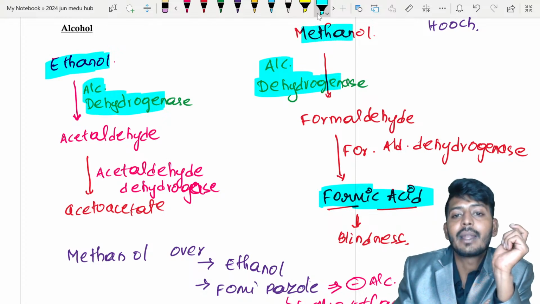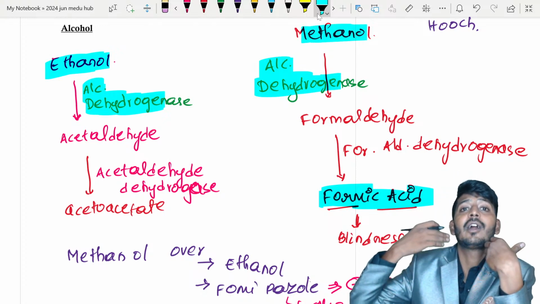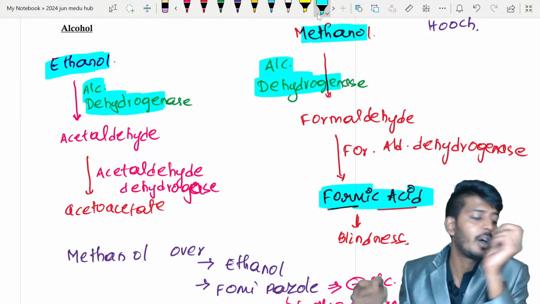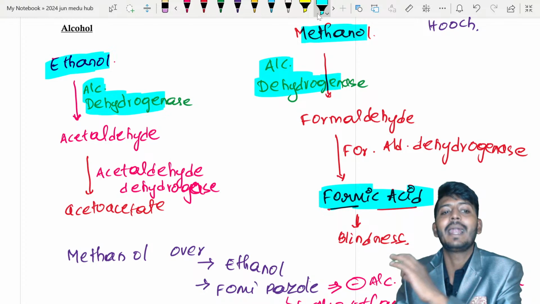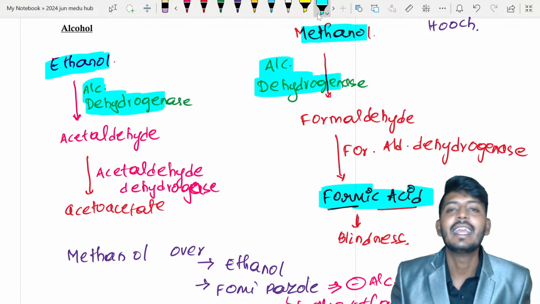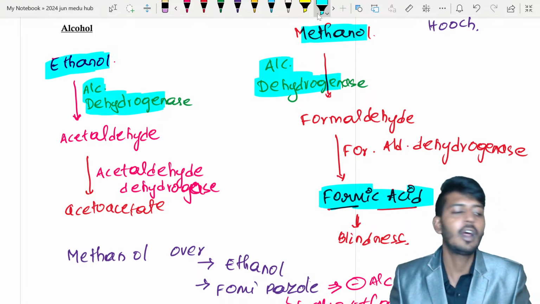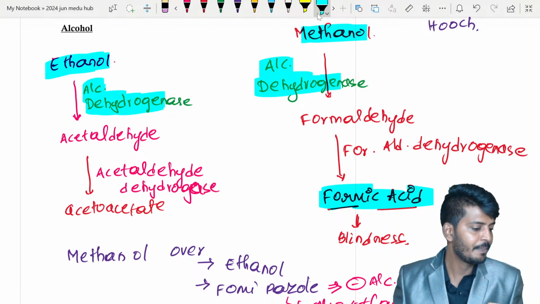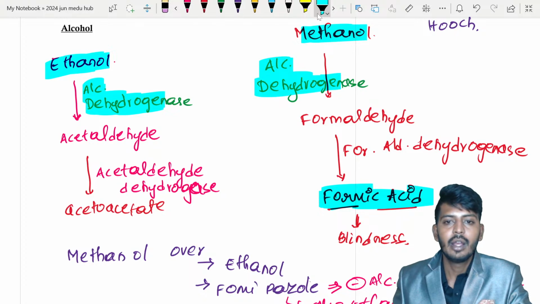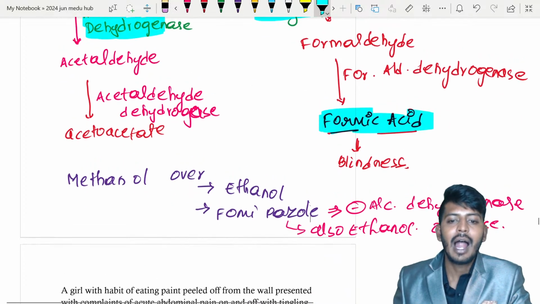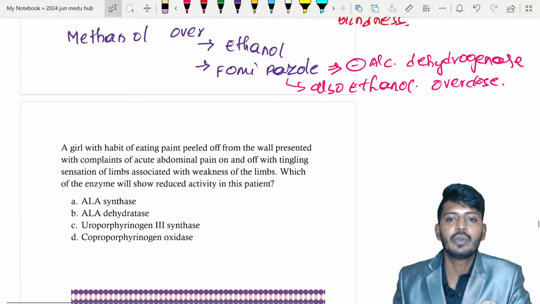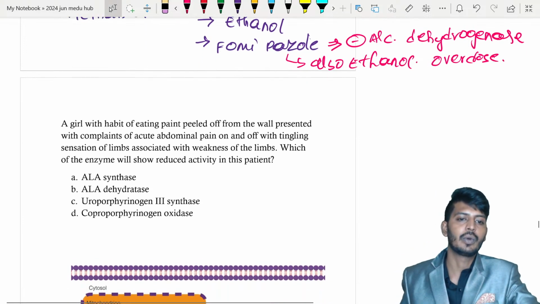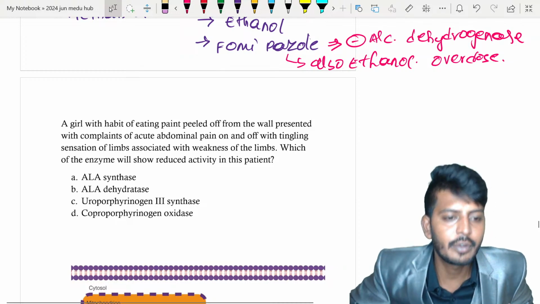So methanol metabolism will not take place and methanol will get eliminated from the body. If methanol gets eliminated, there is no formic acid. If there is no formic acid, no blindness. That is the rationale of giving ethyl alcohol in the overdose of methanol. Basically, enzyme competition. Clear? Hope now it's clear in English also. And fomepizole is also a drug which is used for ethyl alcohol overdose. Okay, let's go to the next question.